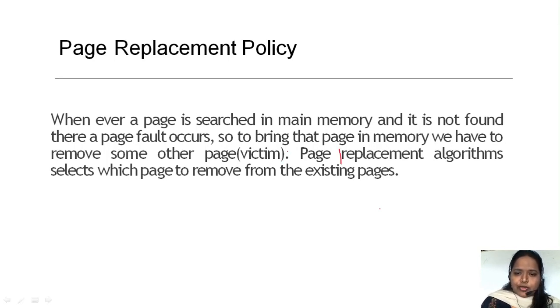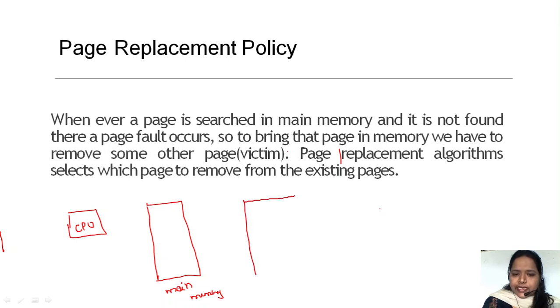I will explain with a small example here. Here we have the CPU. Here we have the main memory, and next this is the secondary memory.